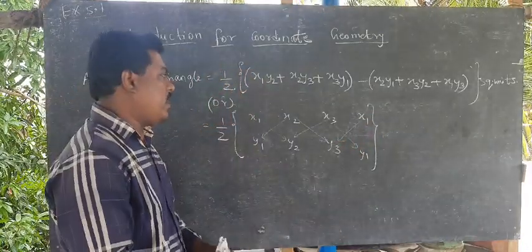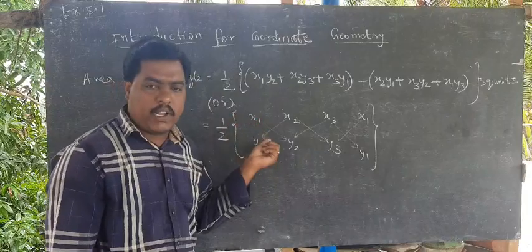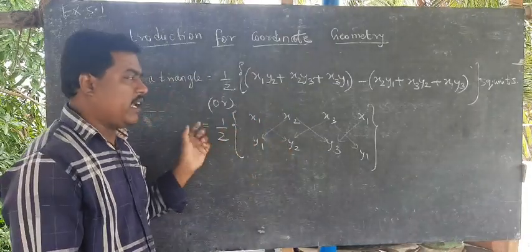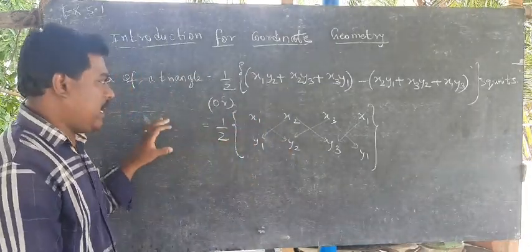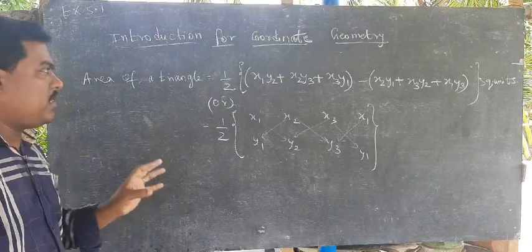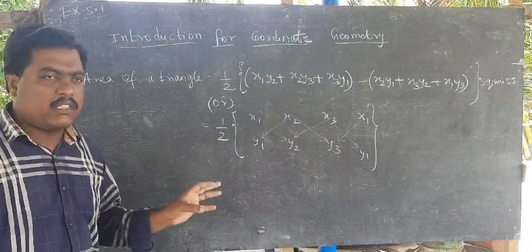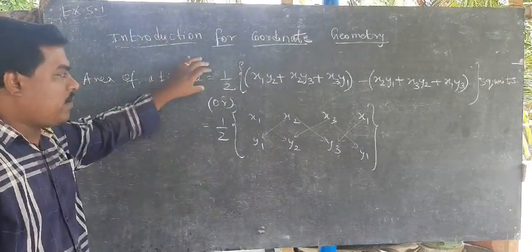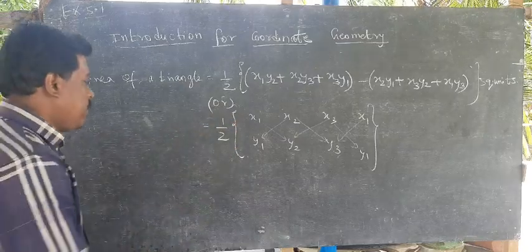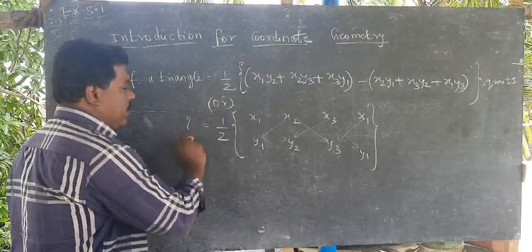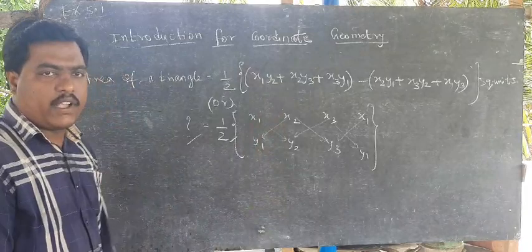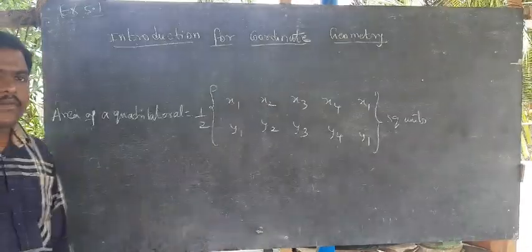The same formula we are getting. So without memorizing, we can write the formula for the area of the triangle. So in a given sum, if they ask to find the area of the triangle, we have to use this formula or this one. But here I can use this formula only. Easily we can find the area using this formula.